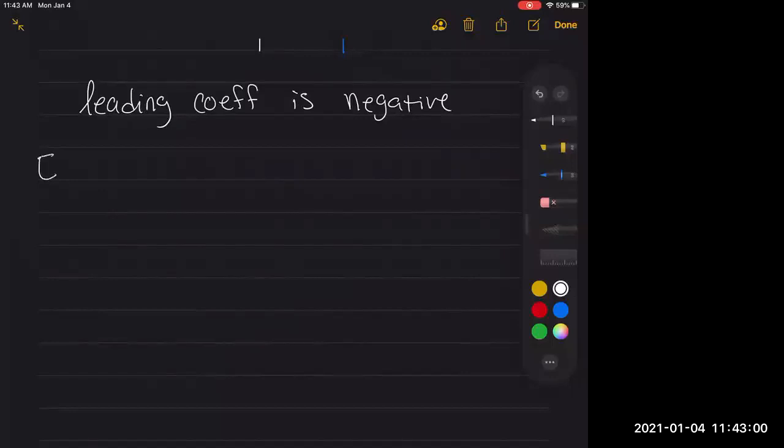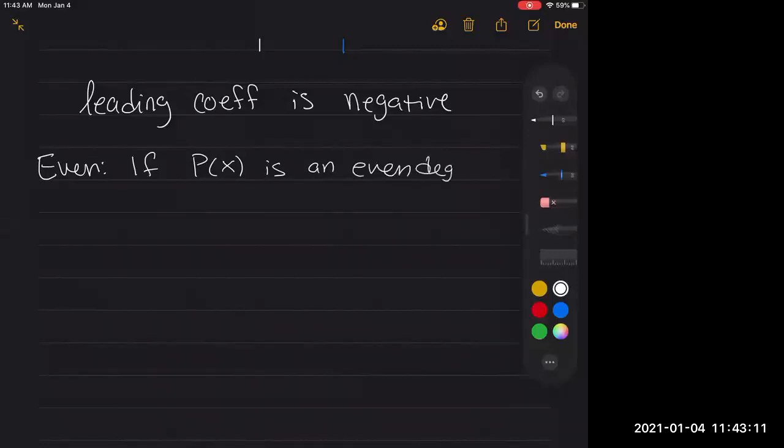All right, and now we have the even case. If P, our polynomial, is an even degree polynomial, there are two possibilities again.